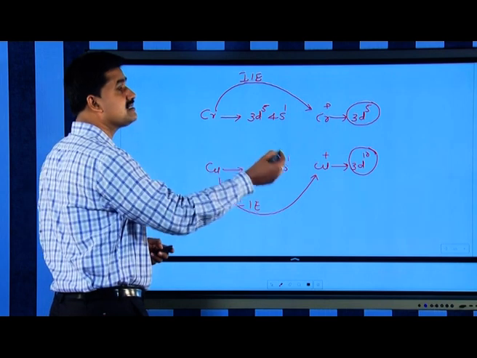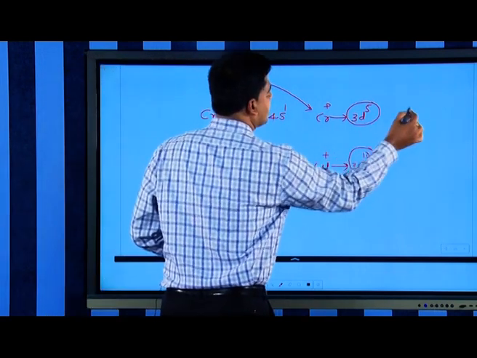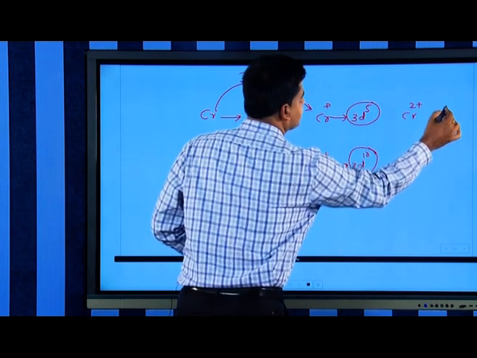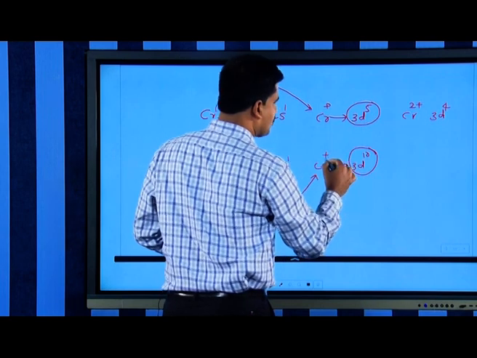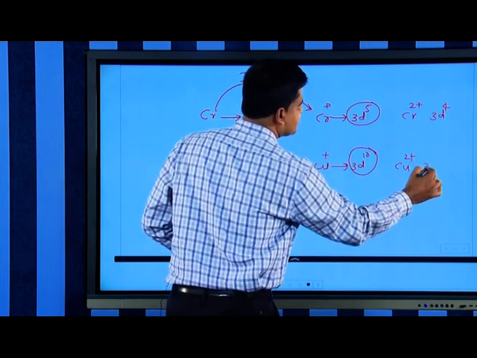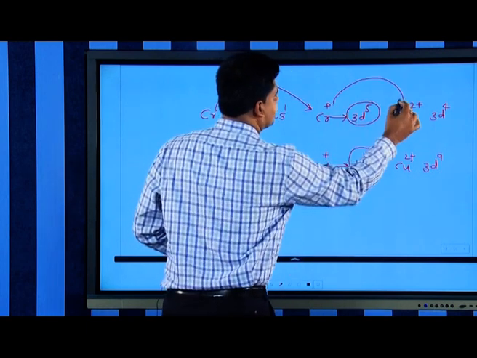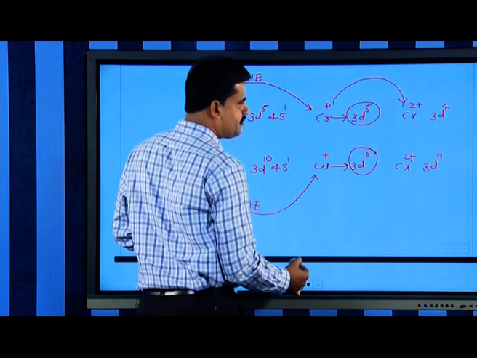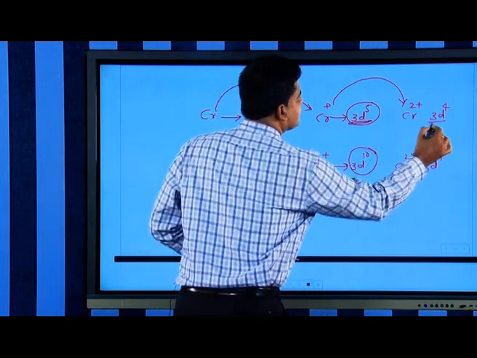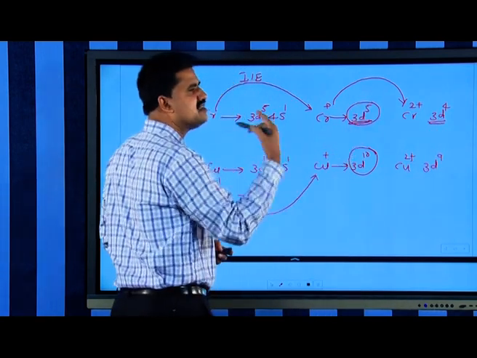But we can take the second ionization energy. Suppose I wish to convert Cr+ to Cr2+. The new configuration will be 3d4. And when Cu+ is converted to Cu2+, the configuration will be 3d9. So, this is the conversion from a more stable electronic arrangement to a highly unstable electronic arrangement. So, the energy required for this is very, very high.